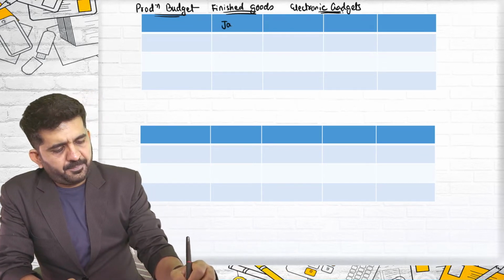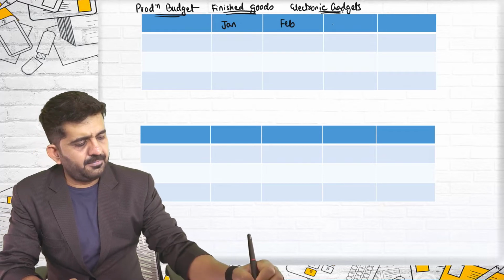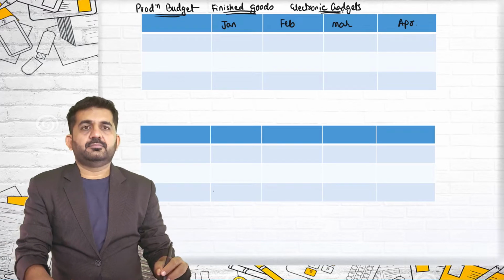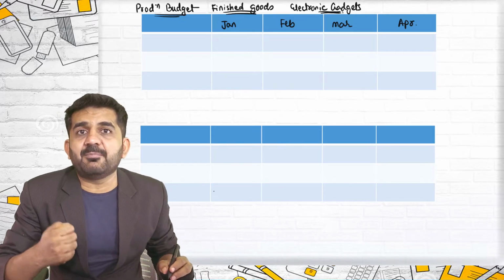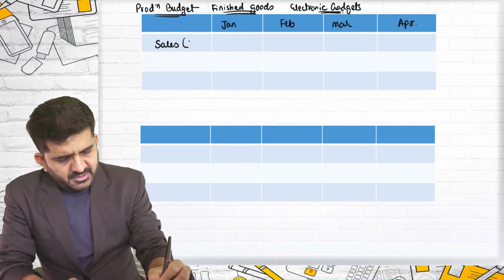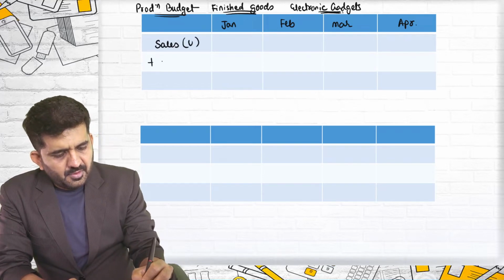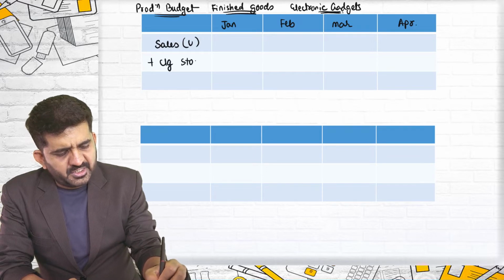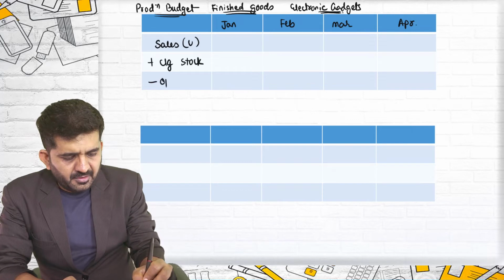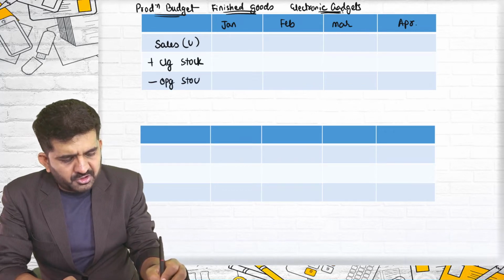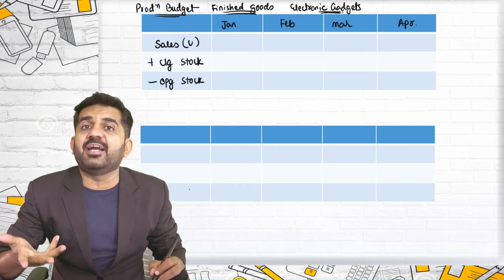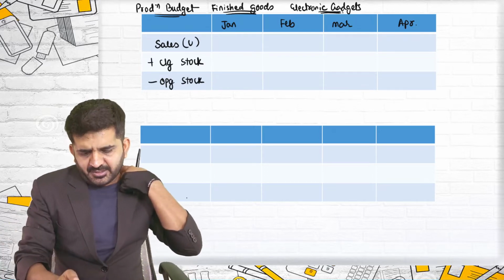I want to prepare it for January, February, March and April. How do I prepare my production budget? Sales in units plus closing stock. This much units I will have to manufacture, minus opening stock. This much less I will have to manufacture because they are already there during the current month.